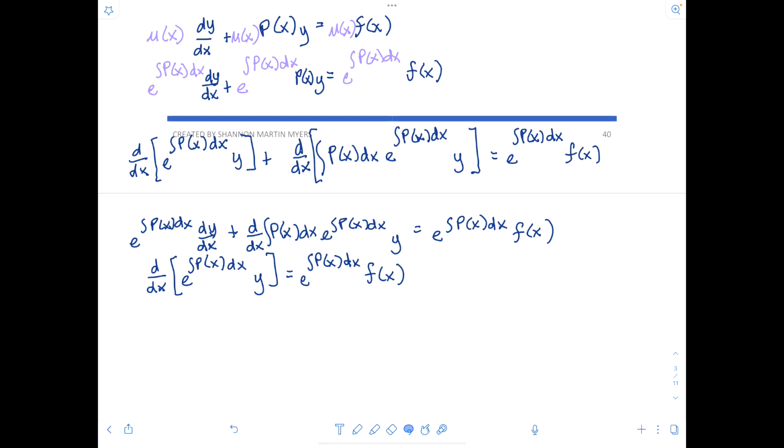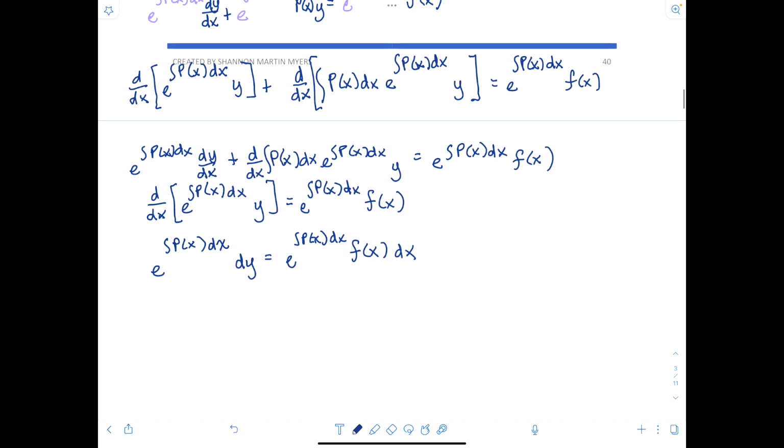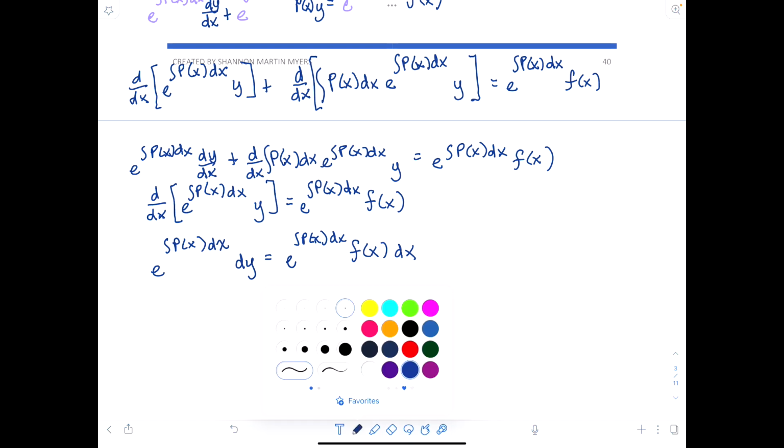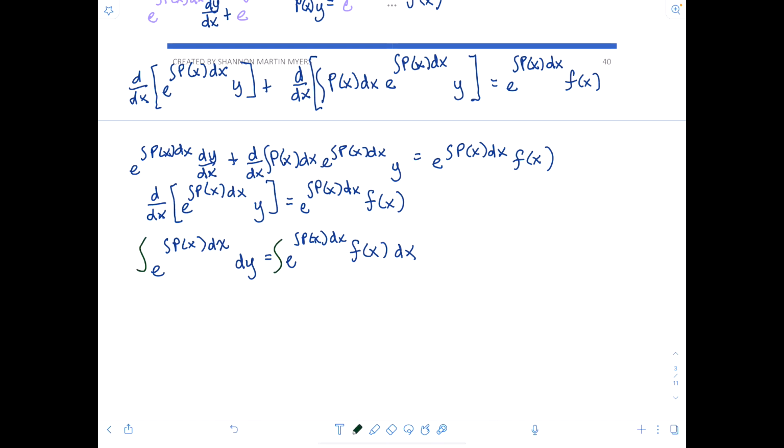So multiplying both sides by dx, we'll have e to the integral p at x dx dy is equal to e to the integral p at x dx times f at x times dx. And then integrating both sides.